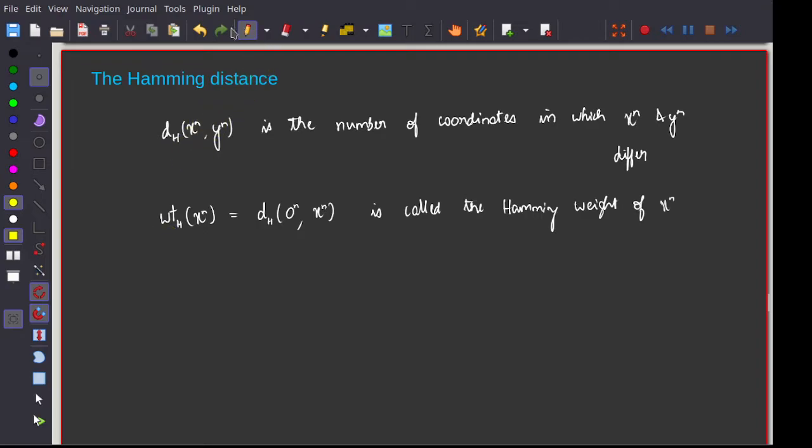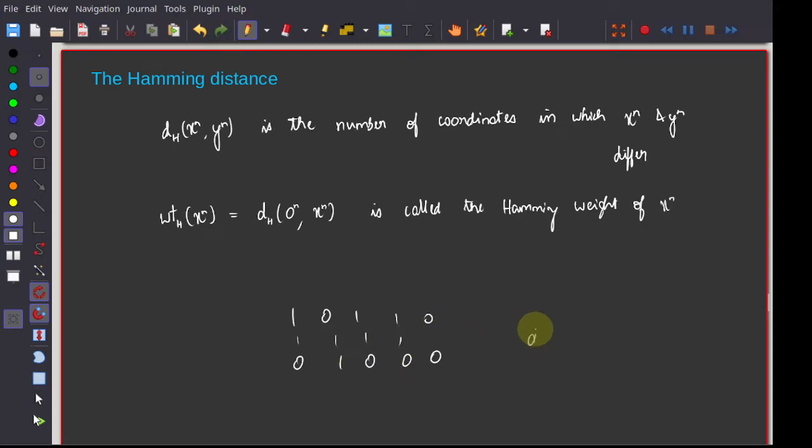Okay, so just quick example. So what is the Hamming distance between these two? So these two differ in this location, this location, this location, and this location.